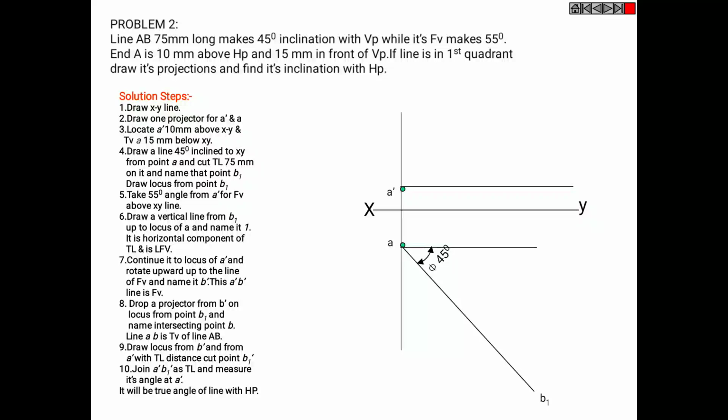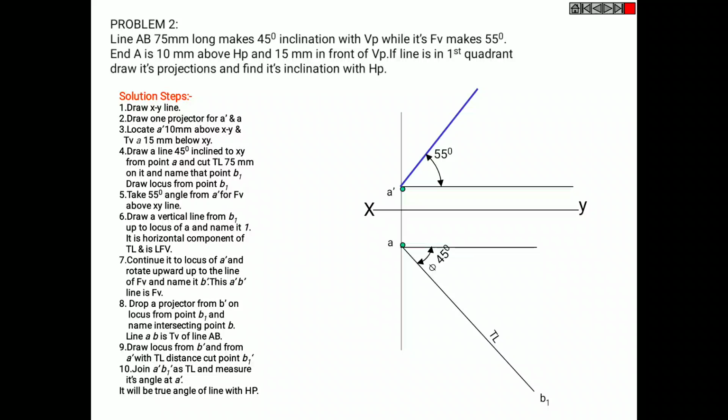Draw locus from point B1. Now take 55 degrees angle from A dash for front view above XY line, which is your true inclination, and draw a vertical line from B1 up to locus of A and name it 1.